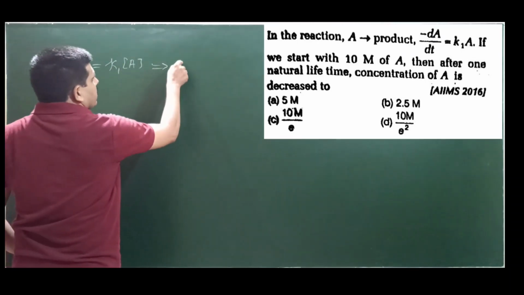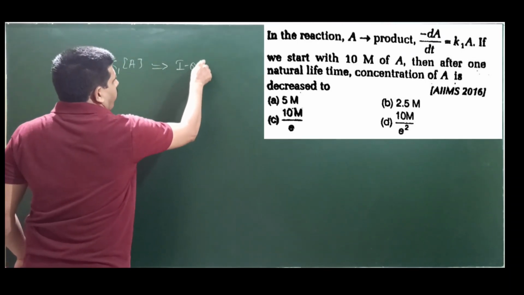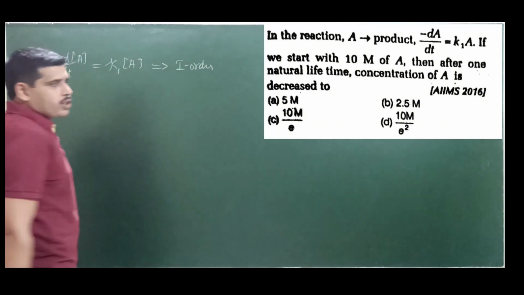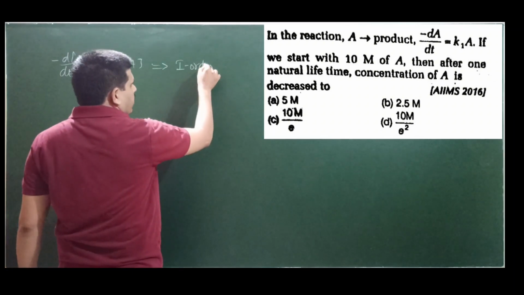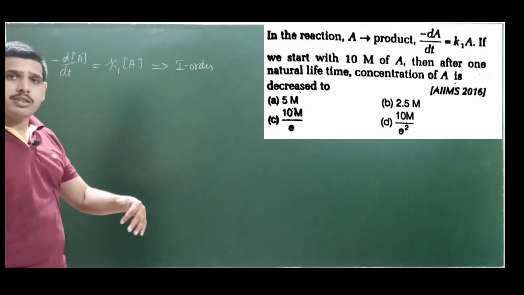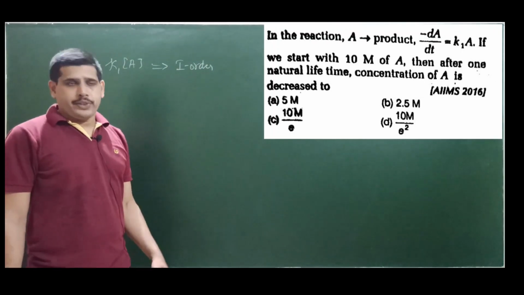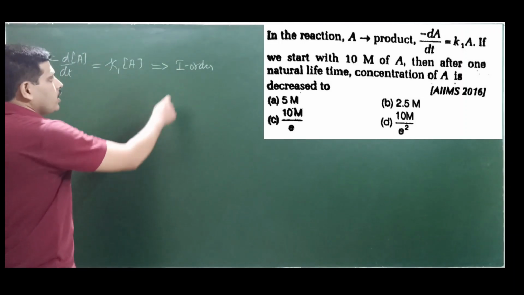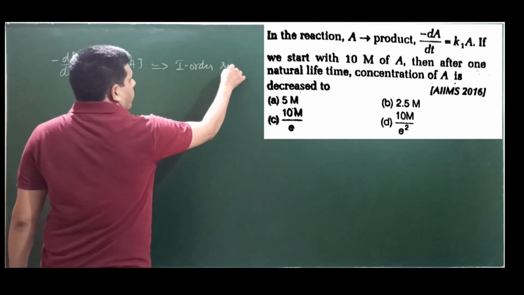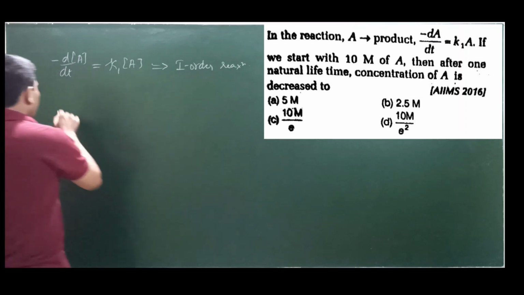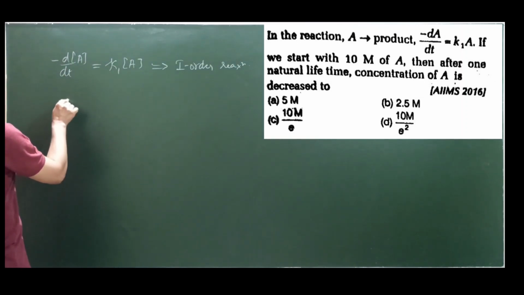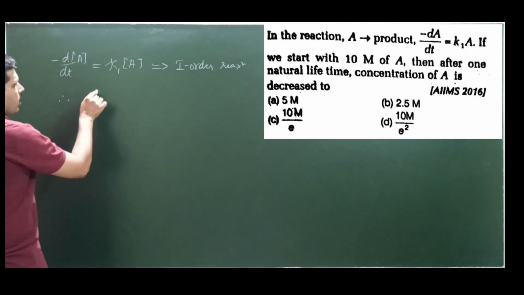Without knowing the order, it is not possible to find out the concentration, because different order reactions have different rate constant expressions. So first order reaction. Now for first order reaction, what do we have?